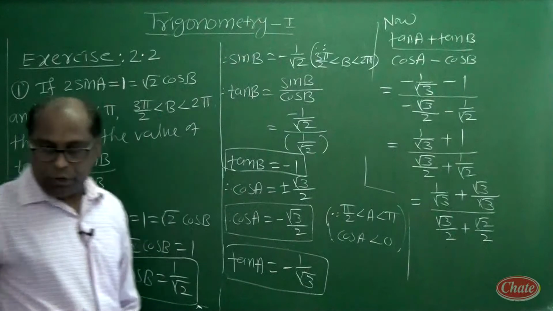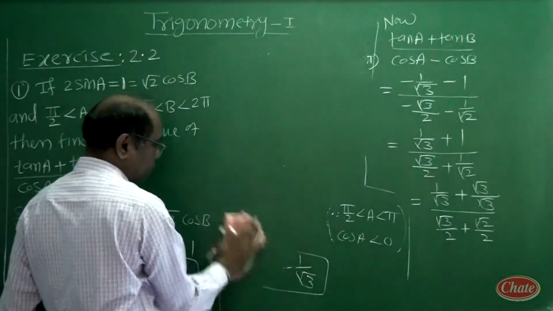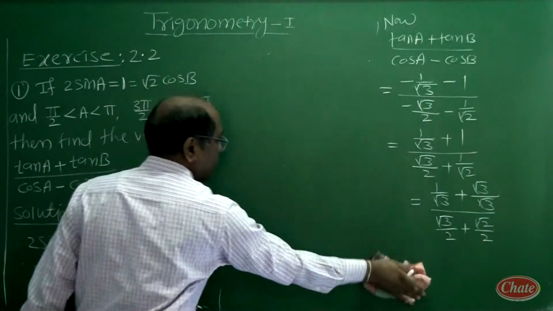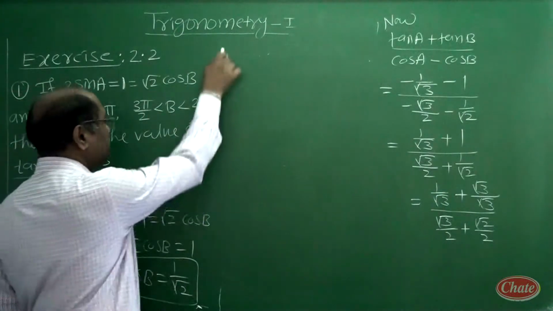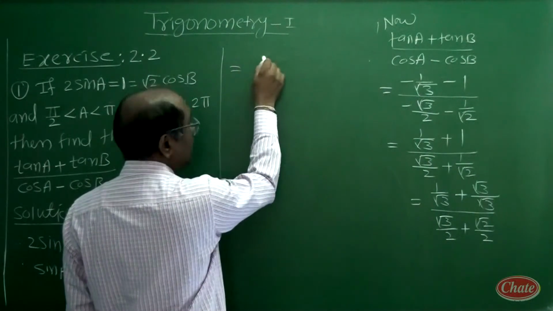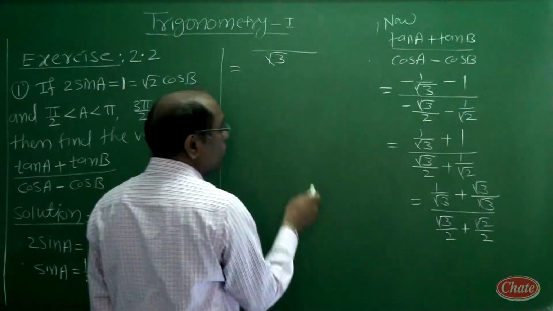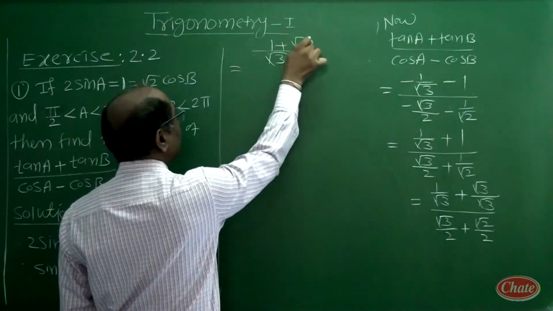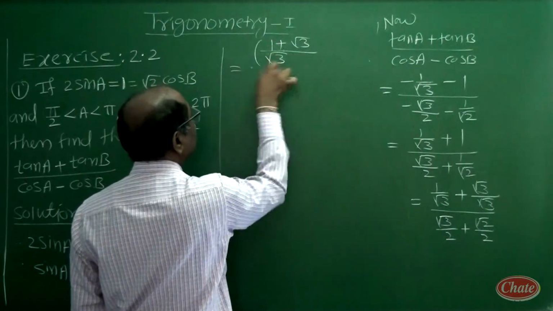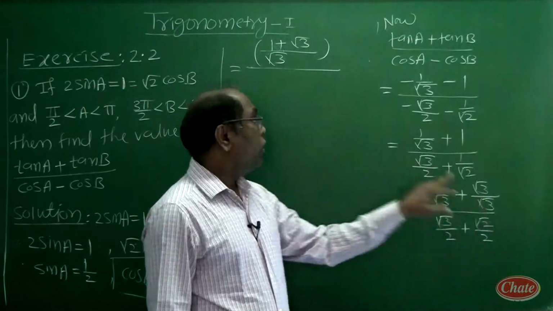So therefore that is equal to, you have to take the LCM there, root 3. The denominator is same, so you have to take the addition of the numerators only. 1 plus root 3 divided by root 3.